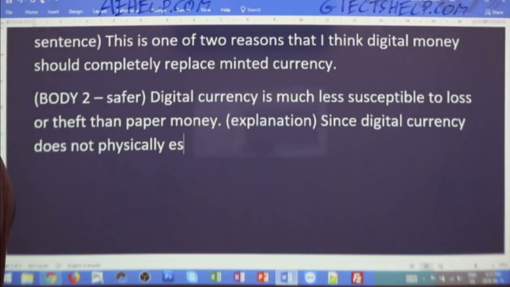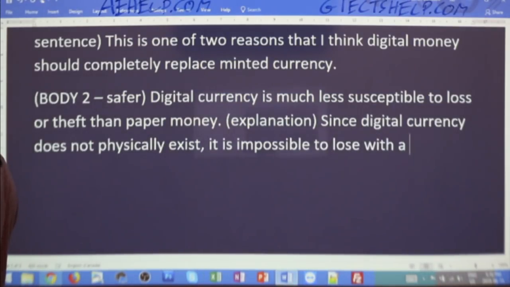So since digital currency does not physically exist, it is impossible to lose with a wallet or purse.